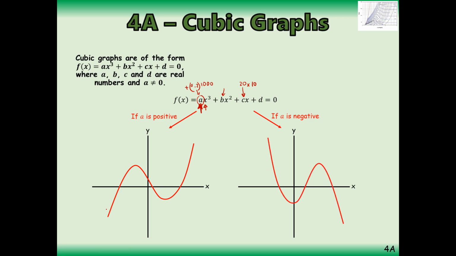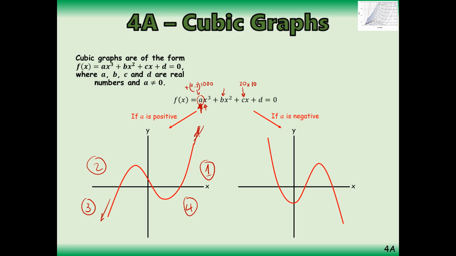So why is it that this part of the graph is always pointing to the third quadrant? This is called the first quadrant, this is the second quadrant, this is the third quadrant, and this is the fourth quadrant. Well, because when x is positive, when you cube it, the y value will be positive.